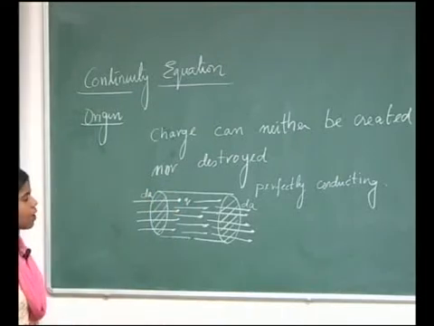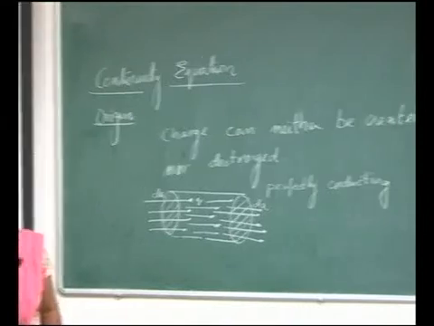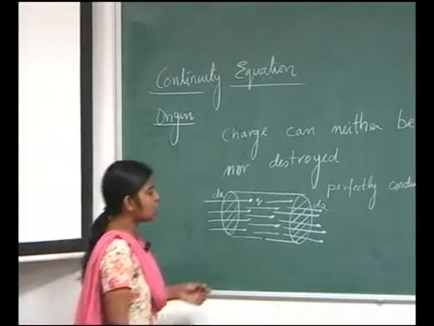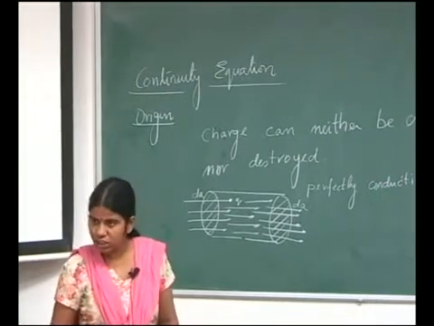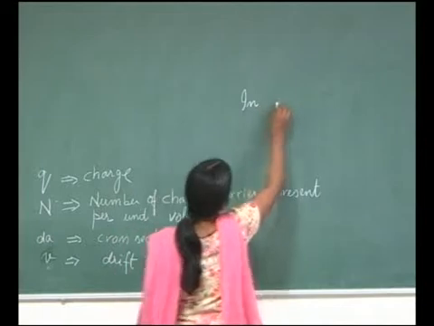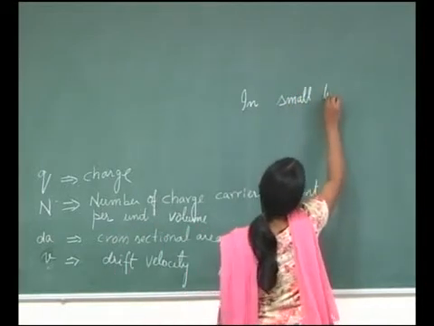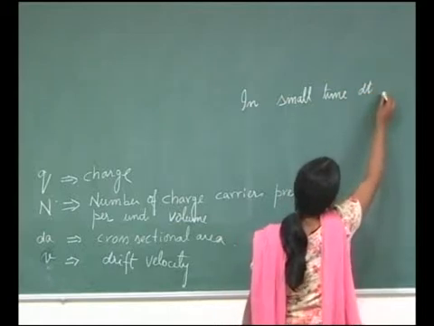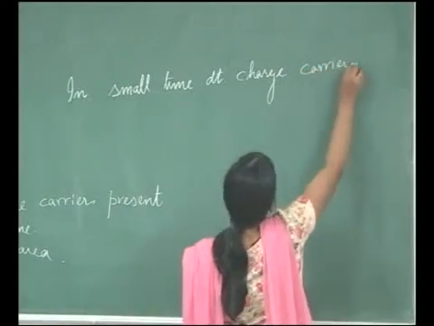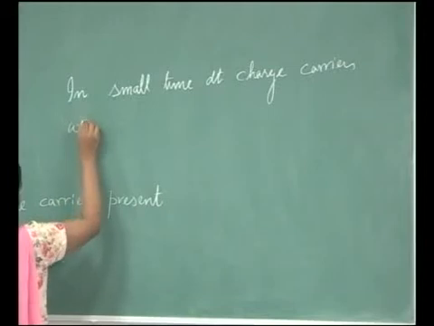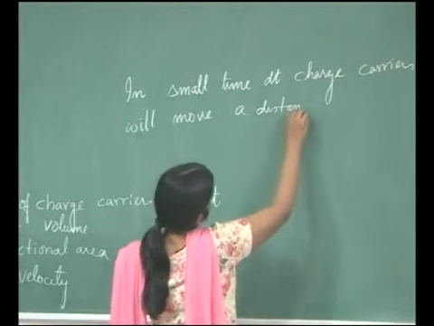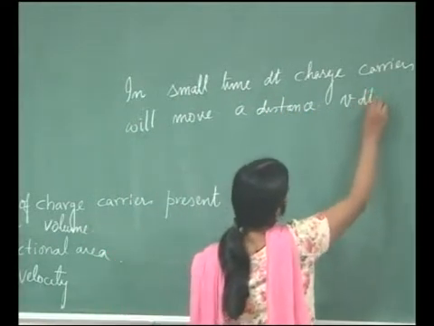So now I can assume that in a small time dt, the charge carriers will move a distance v dt.